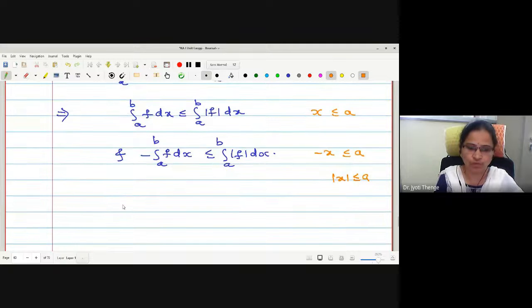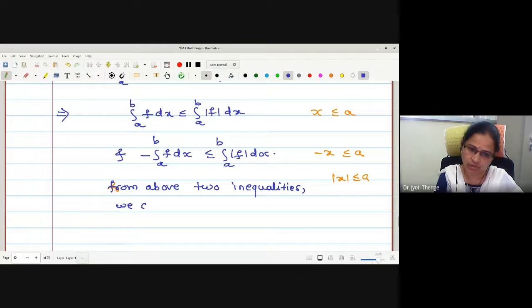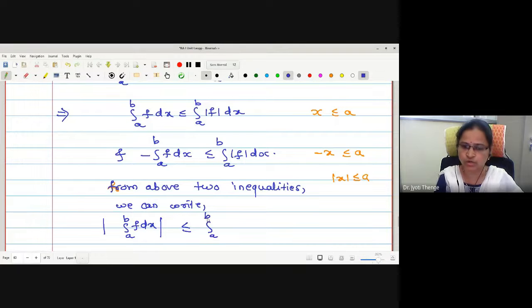Therefore, from the above two inequalities, this is what we can write: integration a to b f dx in the modulus is less than or equal to integration a to b mod f dx.